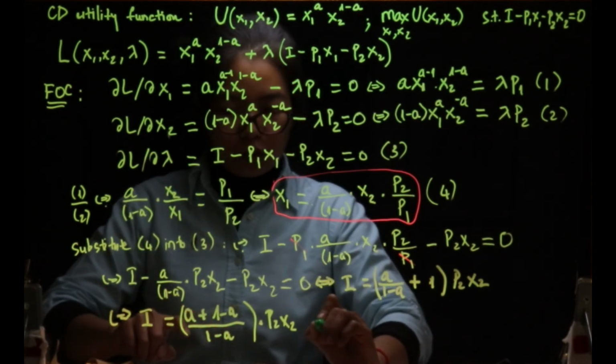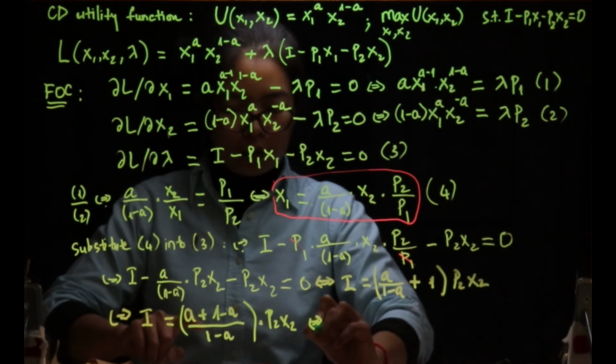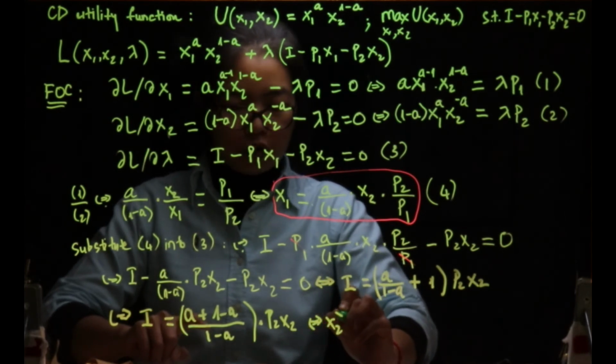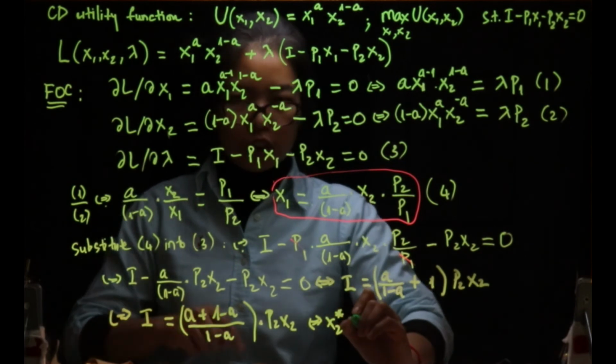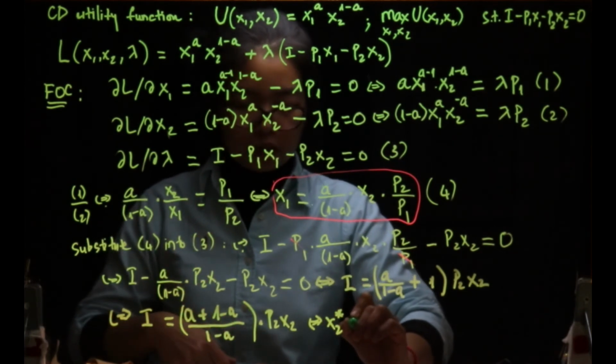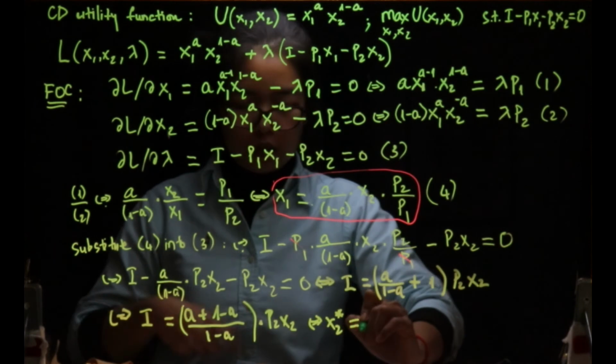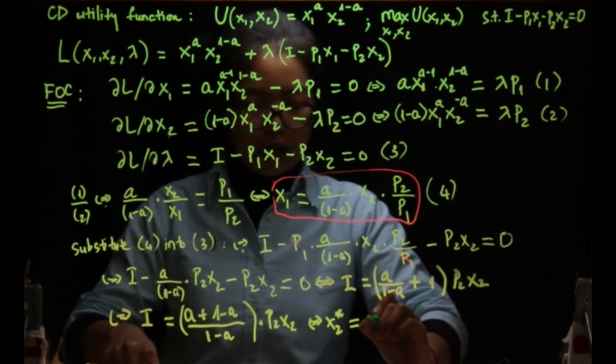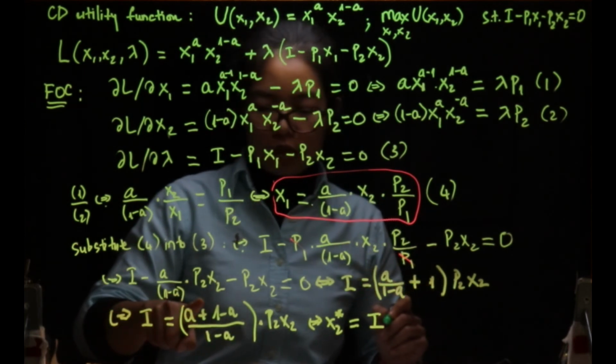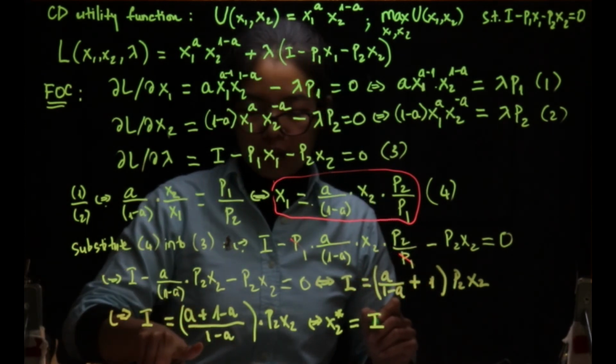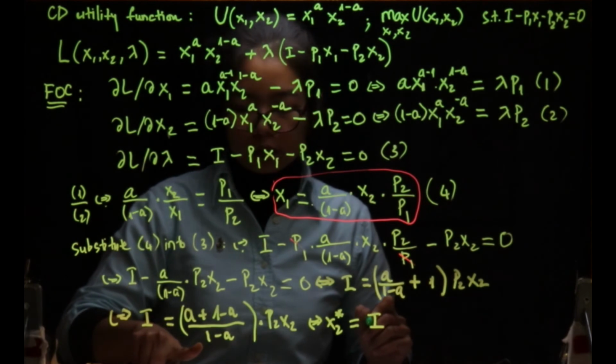But now let's solve for x2 star, which is the optimal consumption of x2. On the numerator here you have 1, and in the denominator 1 minus a.